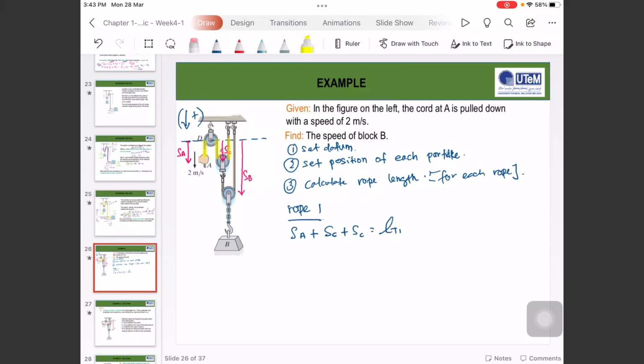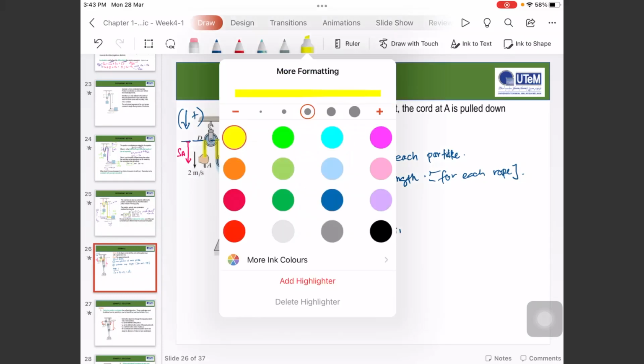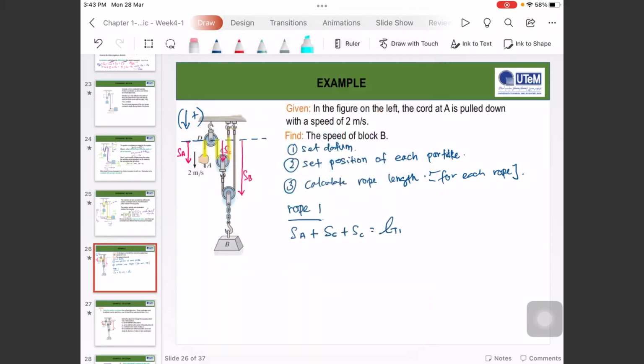Kemudian rope yang satu lagi, lain lah. Okay, so this rope block. Tu. Apa panjang tu? We have SB plus SB minus SC. Kan? So you have rope 2.